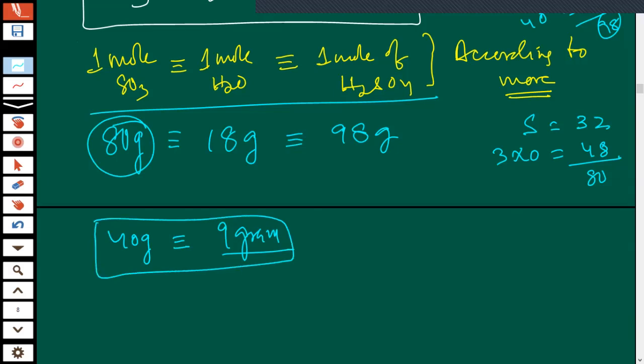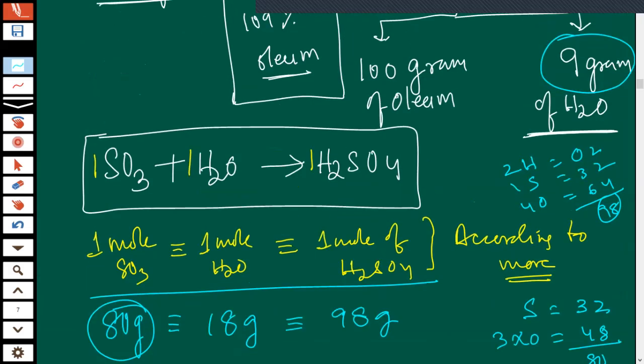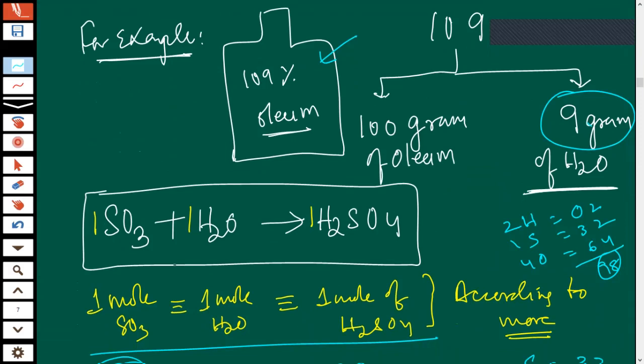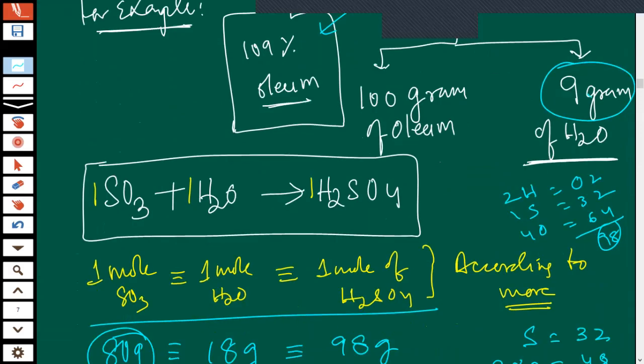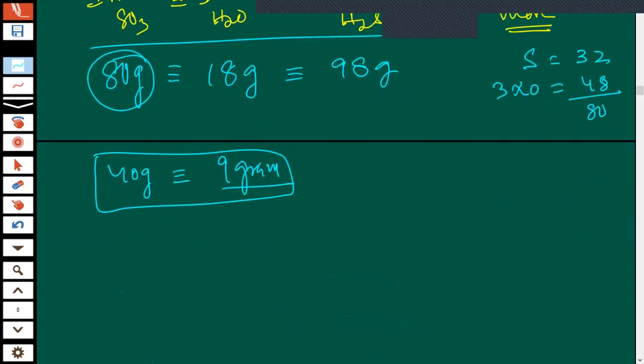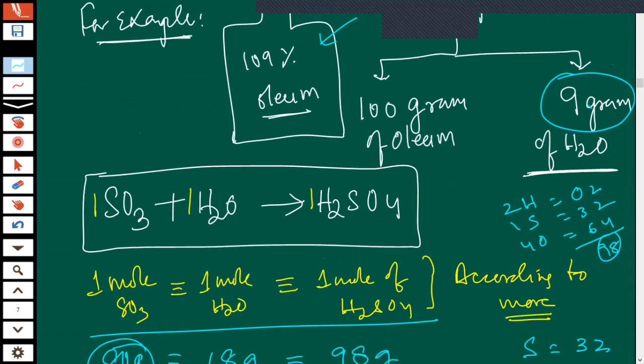So when you have added 9 gram of water in this sample, that 9 gram has reacted with 40 gram of SO3. This 9 gram of water is completely using SO3. So it means this 9 gram of water is using 40 gram of SO3.